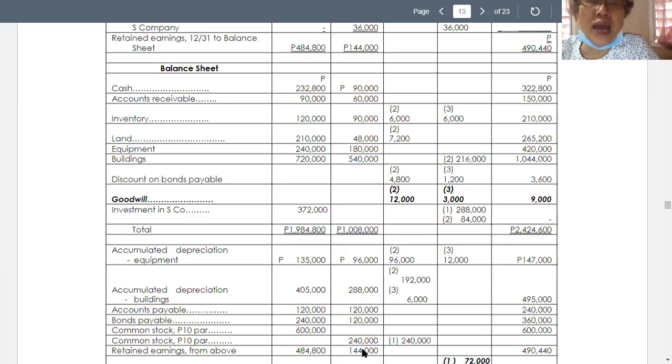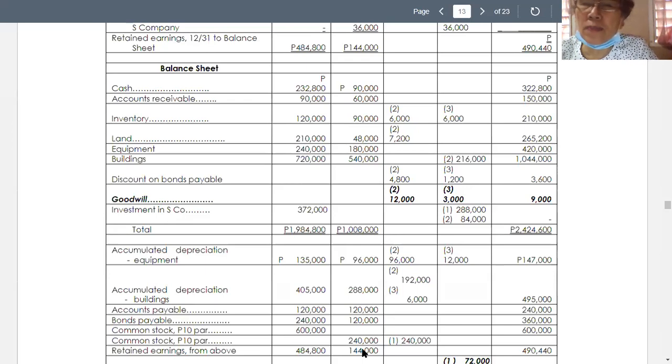But take note, in our solution, we are deducting discount for the amount of 3,600. Whereas in this solution, discount is included by our author among the assets. So what you will be doing to conform with our worksheet in number 2, discount on bonds payable should be shown as a deduction from bonds payable, though that will affect the total.